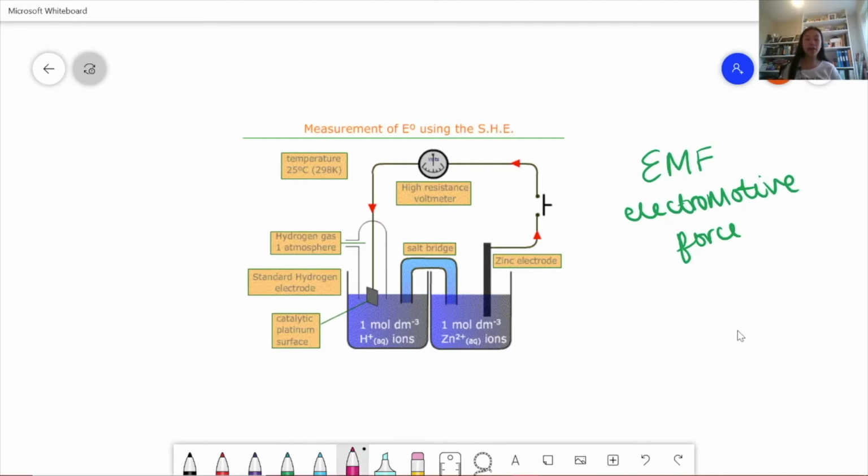In this example, the zinc half cell actually has an electrode potential of minus 0.76 volts.